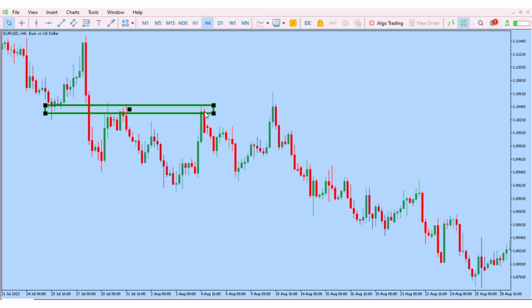A harami candlestick pattern is formed here, while an engulfing pattern here. After the close of this harami pattern, a doji was formed, and this shows indecision in the market.